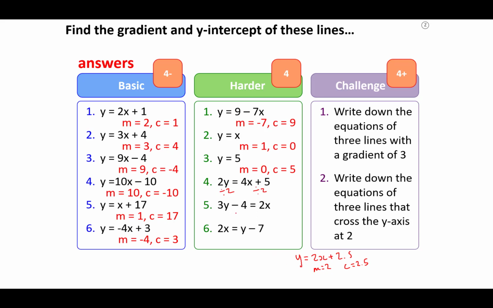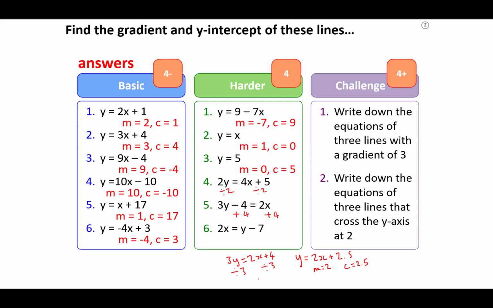This one here, it's not in the right form. So we just rearrange it. Like the question before, we just need to divide by 3.